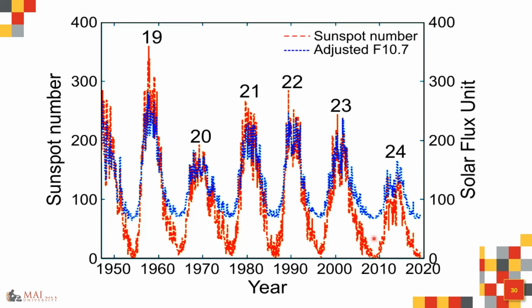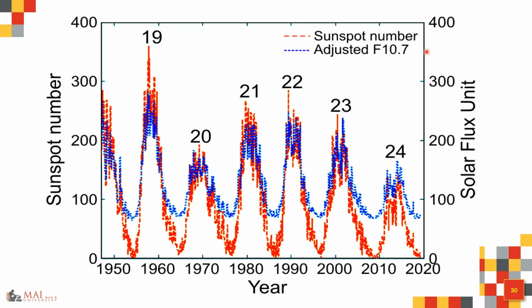So aside from this, you will notice that sunspots emit large emissions of X-ray and EUV. Okay, and then it also produces large amounts of radio waves.